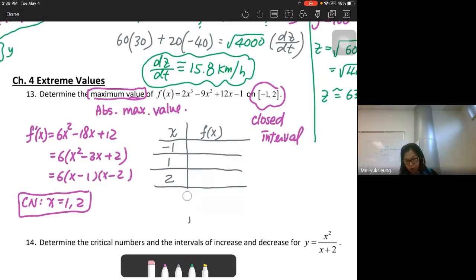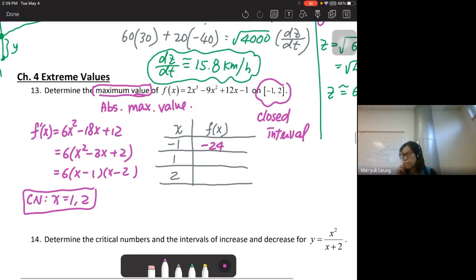So you just quickly calculate the function value at each x value. When x is -1, the function value is -24. When x is 1, f of 1 is 4. When x is 2, the function has the value of 3.